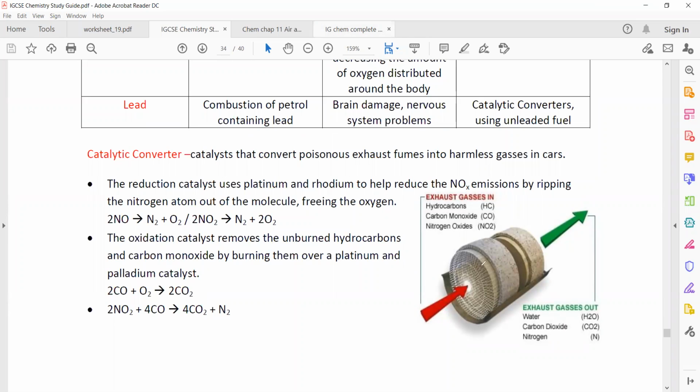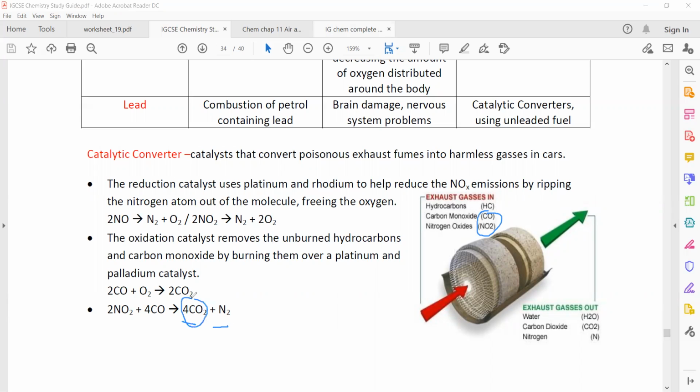Fine wires with a platinum coating, or palladium, are used as a catalyst. So what it does is cause a reaction between carbon monoxide and oxides of nitrogen in the presence of this catalyst. What is the result? It results in the formation of carbon dioxide and nitrogen.